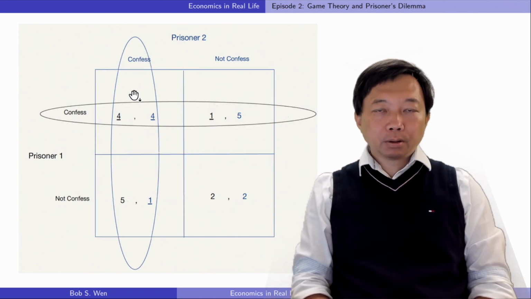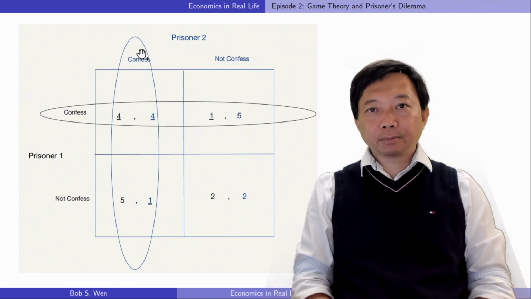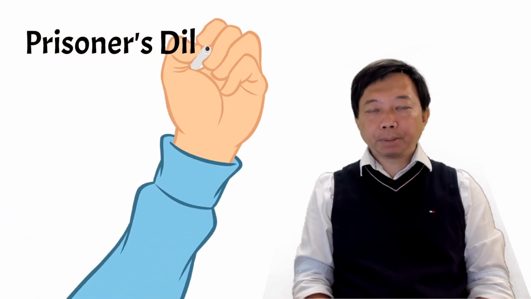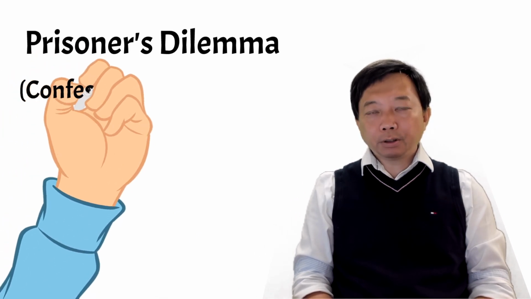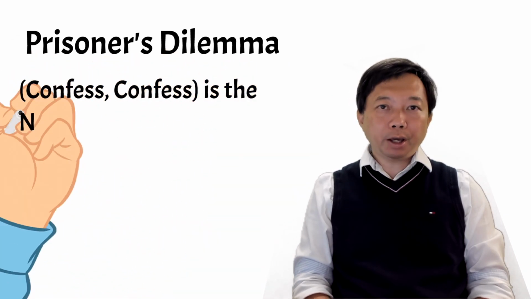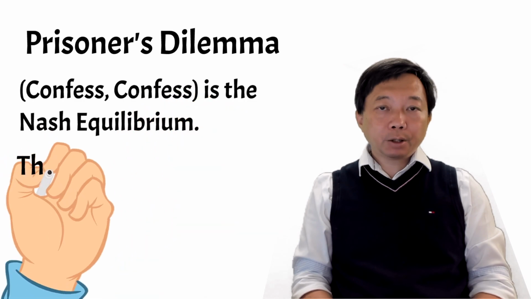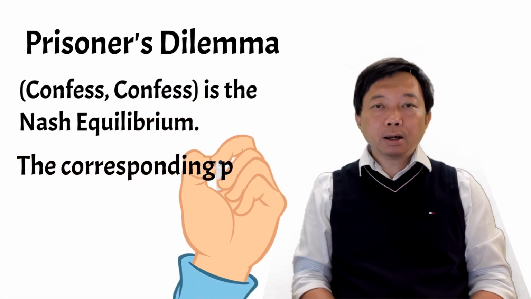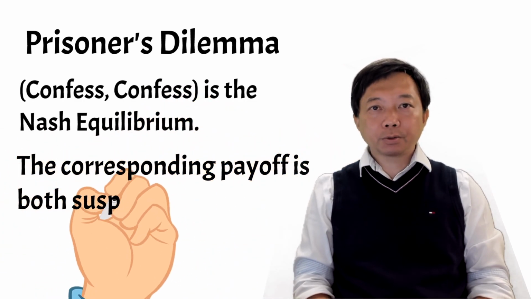As a result, both suspects would end up confessing and being sentenced to 4 years in prison. We call it a dilemma because they could have been given a lighter sentence of 2 years, but the game equilibrium resulted in a heavier sentence of 4 years.